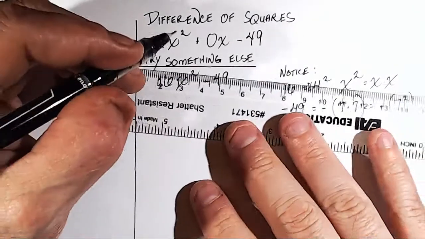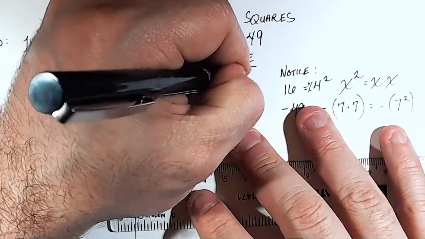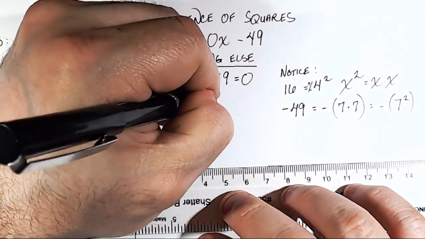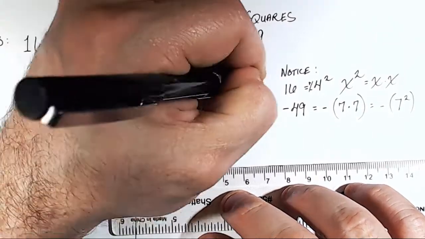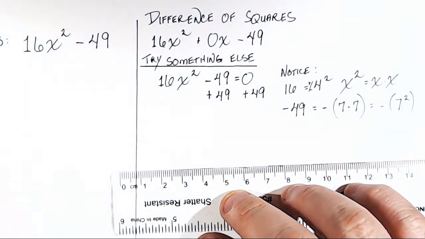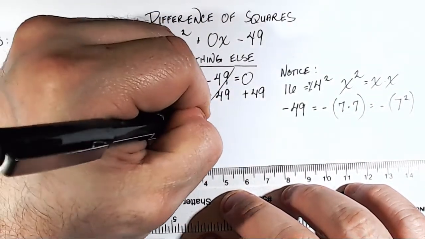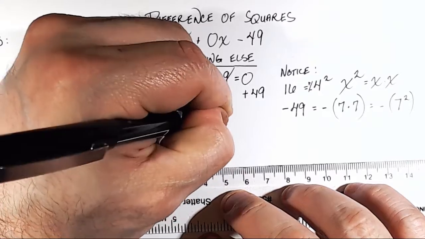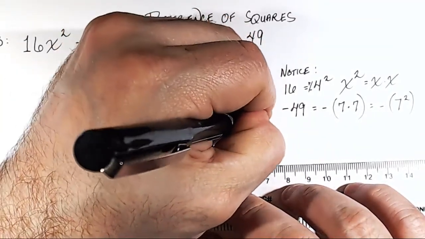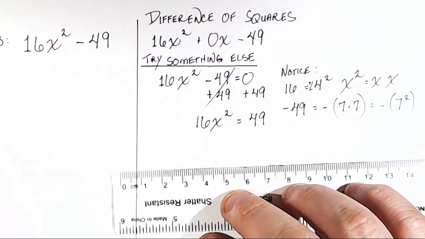Well, let's try this. Try setting this equal to 0 and moving the 49 to the other side. What's left on the left side of the equation is 16x squared, and that equals positive 49.